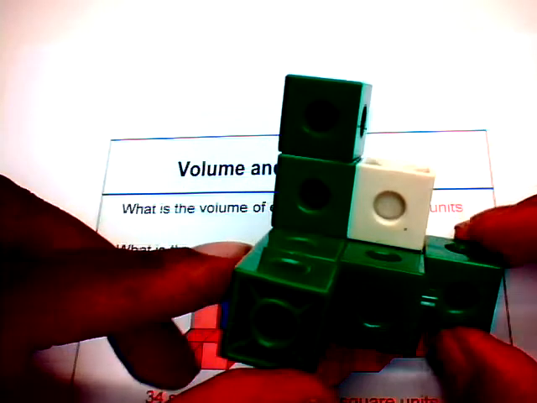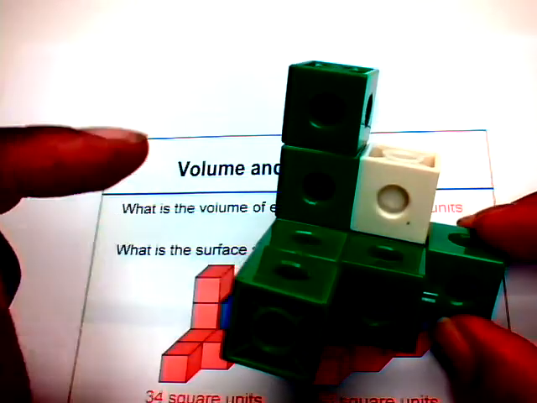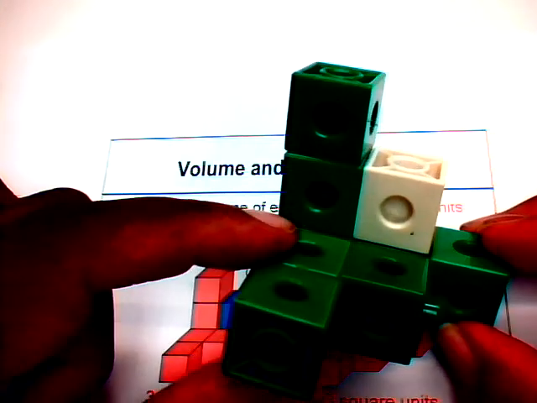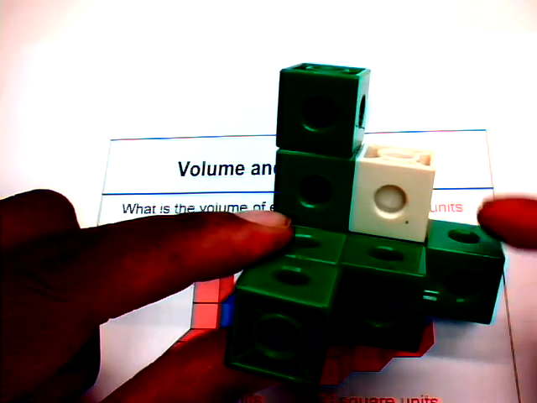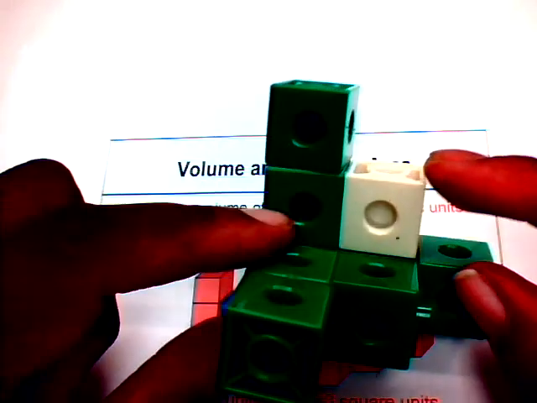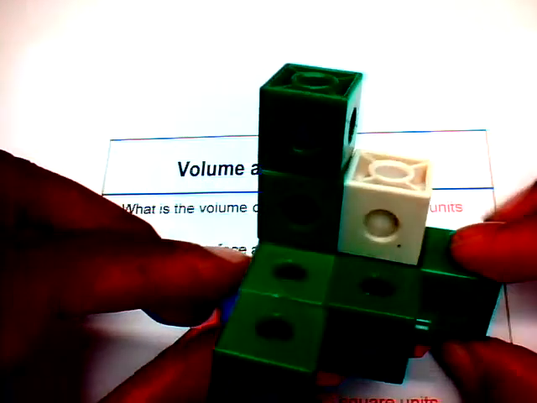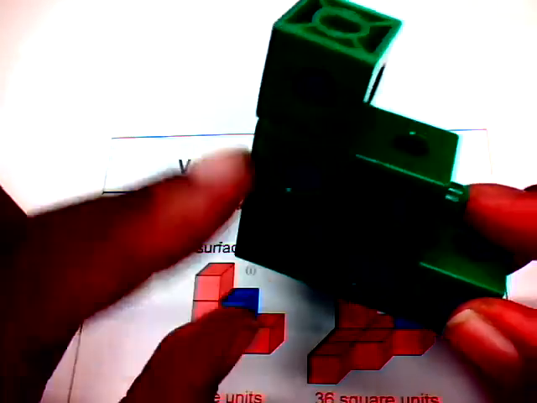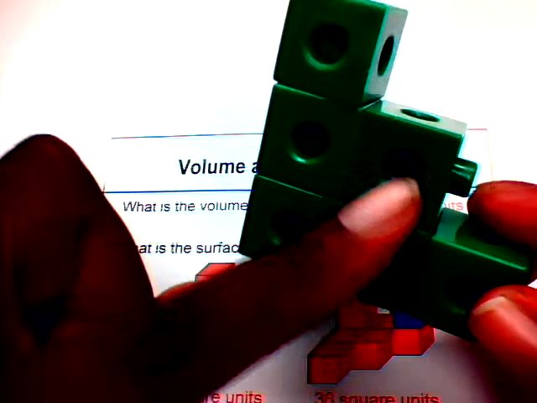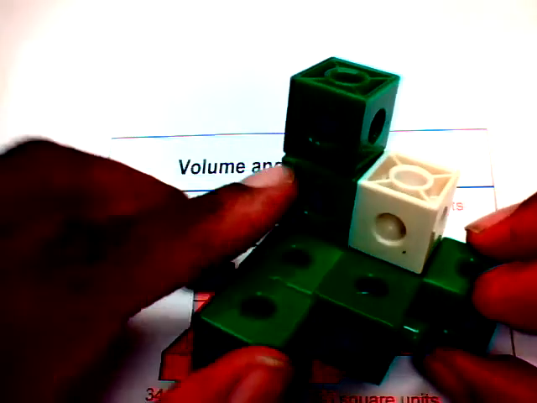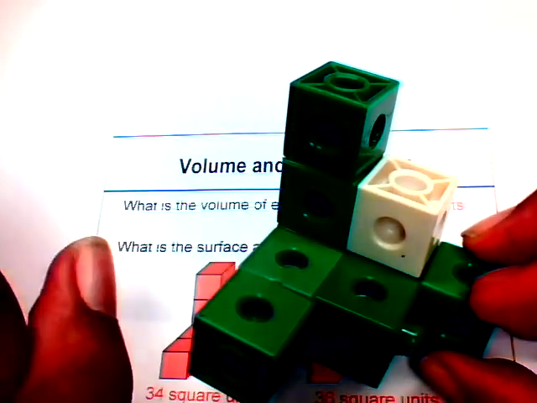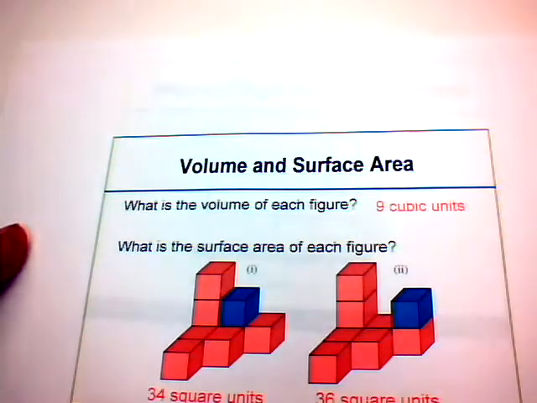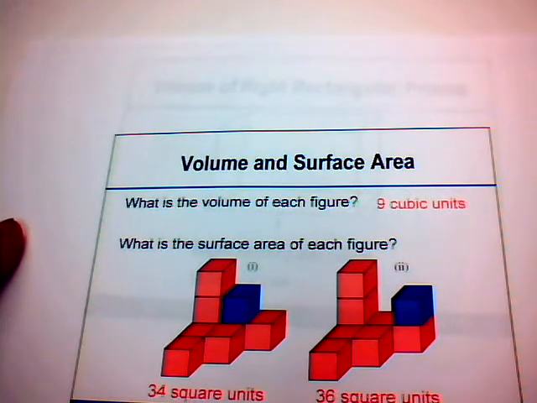If we look at the volume of this, it would be 1, 2, 3, 4, 5, 6, 7, and there are two other cubes at the bottom, as you can see here. So if you count from the bottom, there are 6 cubes here, and then you've got 3 more on top. That makes up 9 cubic units.